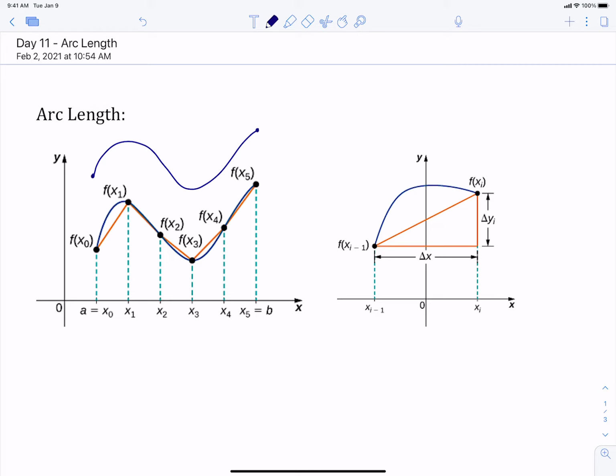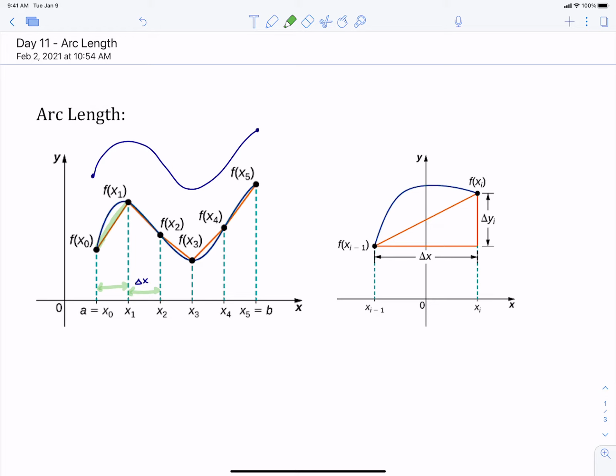What we're going to do is what we always do in 252. We're going to take our curve and chop it into a bunch of little pieces. All of these are going to have a width of delta x, and we're going to approximate the length of that rounded curve with the straight line connecting, say, x sub 0, f of x sub 0 and f of x sub 1.